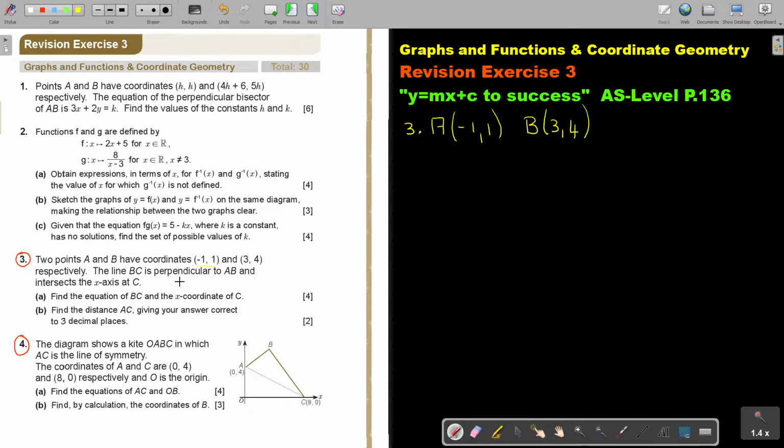Sometimes you may never use a graph to really help you in coordinate geometry. Let's rather say you can use a graph to help you, but not to prove something unless they tell you. So in this case, you can have a picture just to help you understand it a little bit.